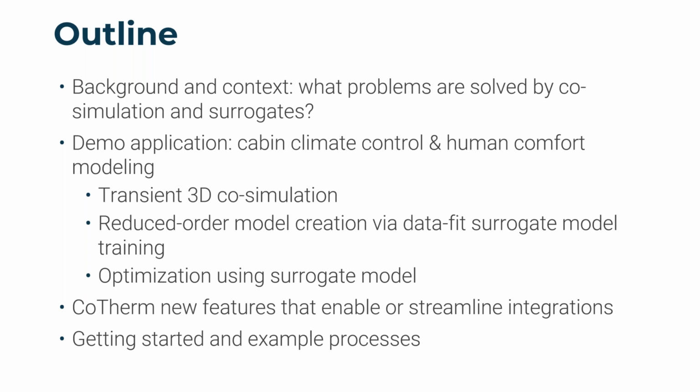We'll go through some co-simulation of those models, creation of a reduced order surrogate, and then some optimization using that fast running surrogate that we've trained. Throughout that, we're going to be showing some of the latest CoTherm features that have either enabled or streamlined some of these approaches, and then talk about how to get started and use these sort of workflows on your side.